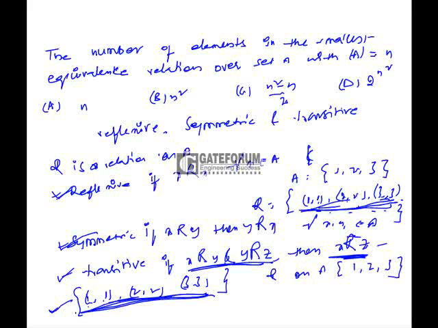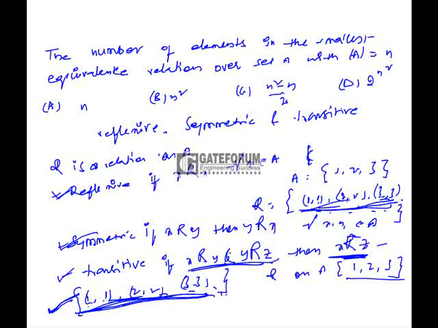So this is an equivalence relation, and the number of elements in it is n, that means 3. Here A contains 3 elements, and this relation contains 3 elements.